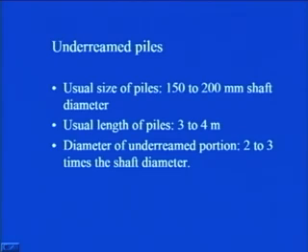So, if a pile has a diameter of, let us say, 500 mm, then you can go for a bulb size of 2 to 3 times 500 mm, but usually in case of underreamed piles, the diameter of the pile shaft is of the order of 150 to 200. So, let us say if it is 150, then the diameter of the underream portion can be 300 mm to 450 mm.